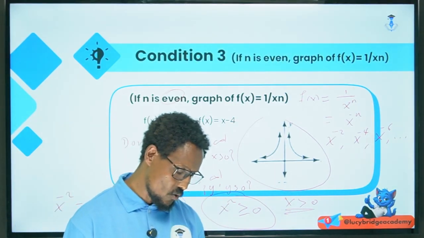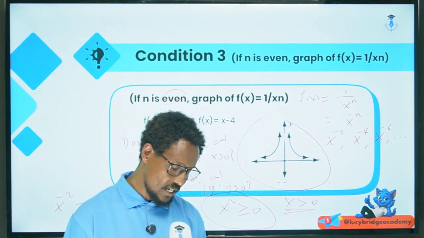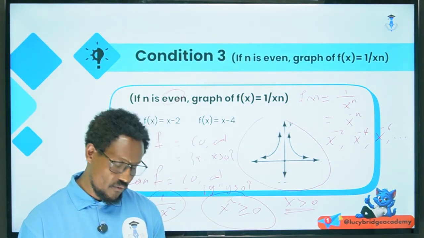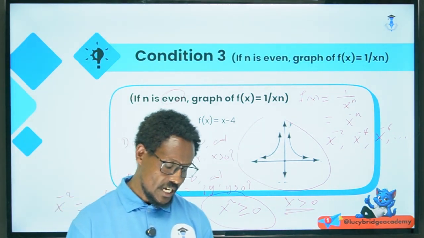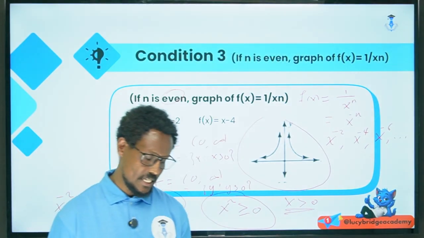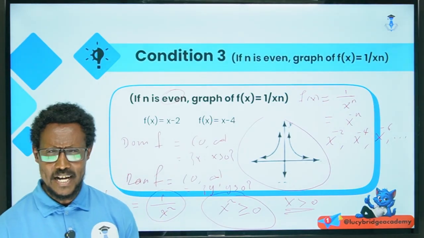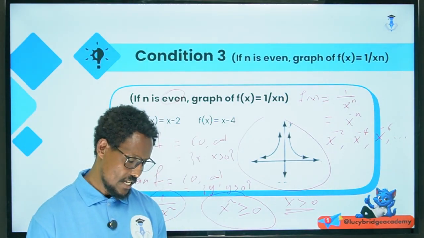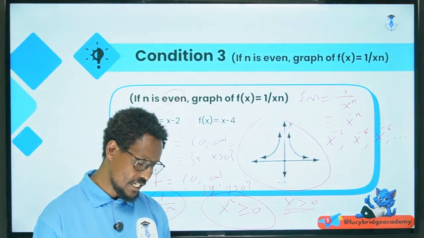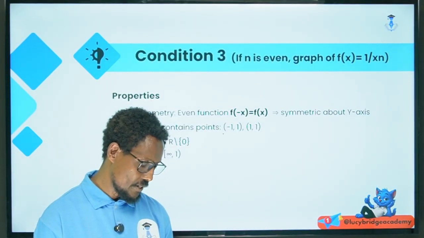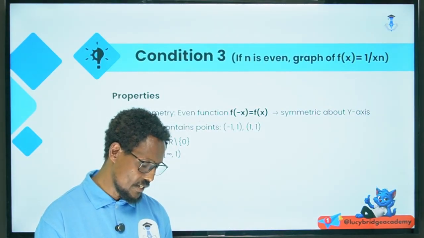Domain is greater than 0, range is greater than 0, it is an even function, symmetric about the y-axis, or the line x is equal to 0. It is an even function, okay?